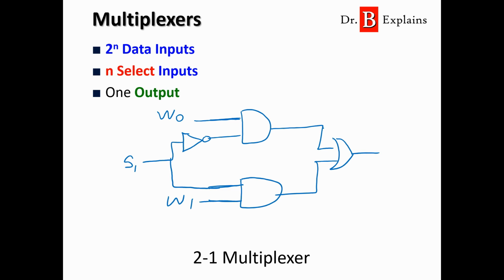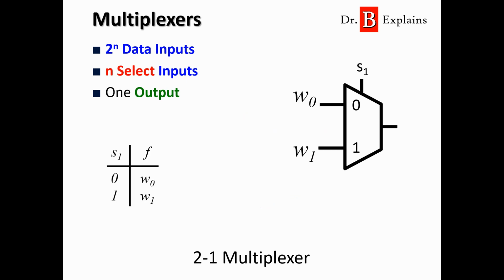So if we wanted to look at the functionality truth table, we would see that we have S1 and F. If the select value is a 0, it chooses the value of W0, and we don't know if it's a 0 or a 1. If the select value is equal to a 1, it chooses whatever value is W1.